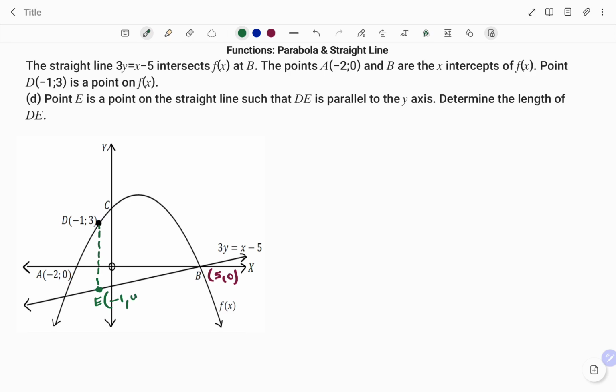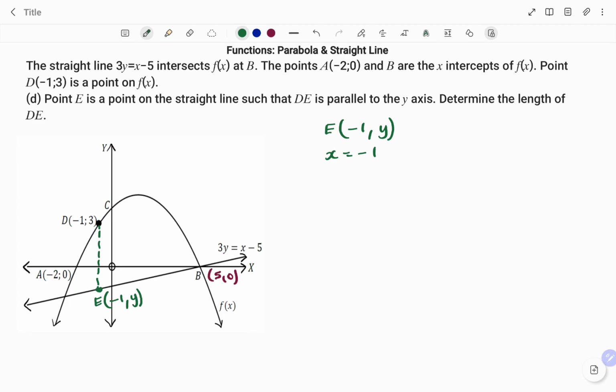Then I need to find my y coordinate. So therefore, x equals -1 at that point.